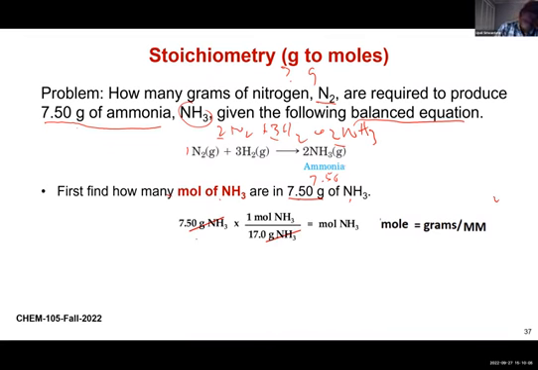This is grams times 1 over the molar mass of ammonia, which is 17. You get the number of moles.